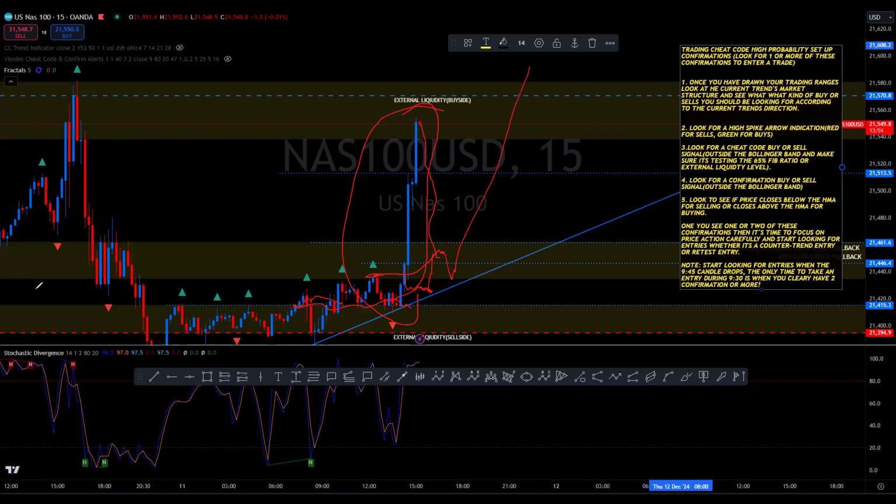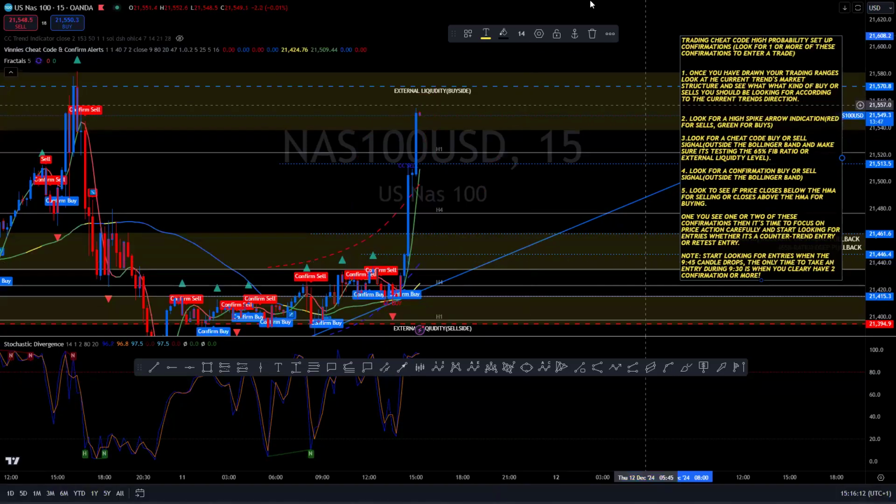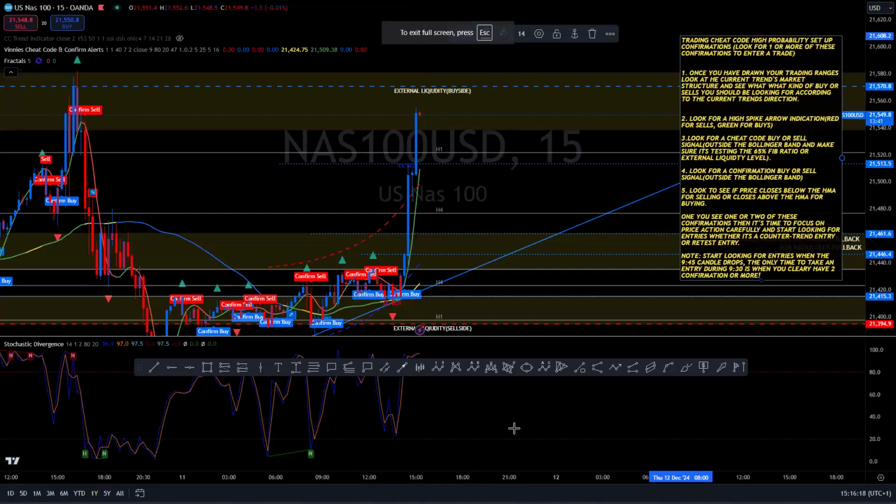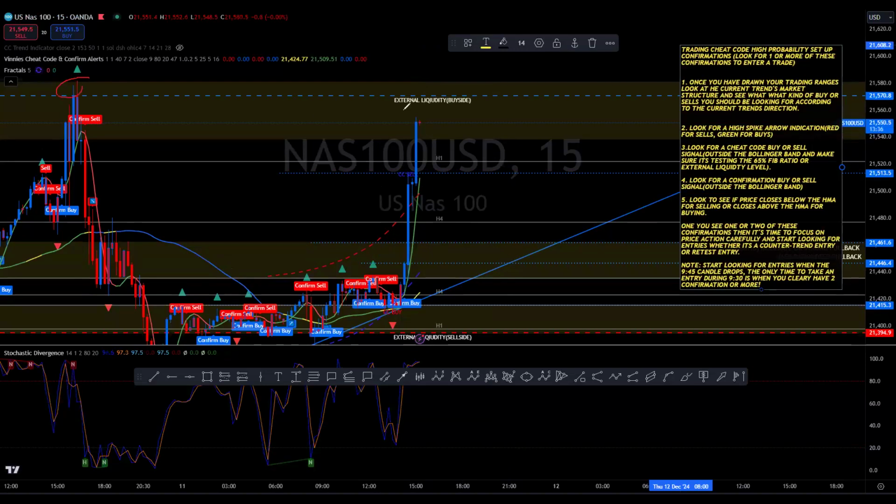Now, if we're going to sell this area, I'd turn on the trend indicator. If we're going to sell, the first thing we need is for price to wipe out this previous liquidity here.